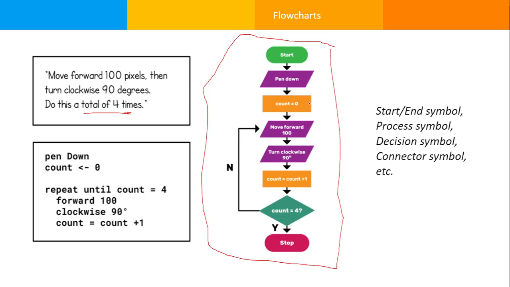So this is a process. Start from 1. When we receive the input and then it is processed, make sure you process this count again to another state where we make sure, okay, we started from 0, we are now at 1, we are now at 2, we are now at 3, and then we get to 4.